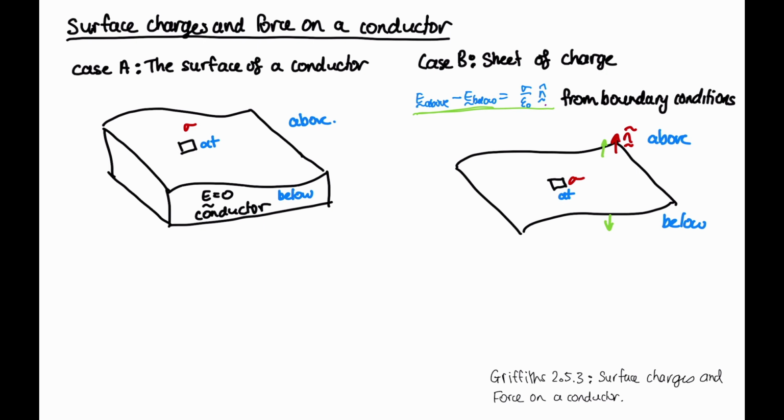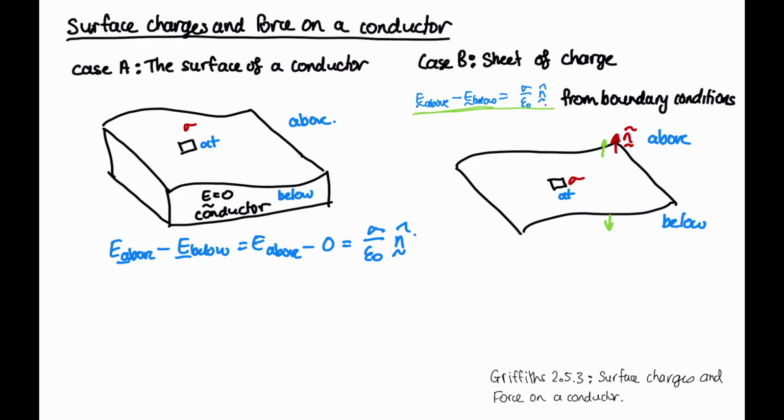So now if we apply this expression to this condition here, below the surface, we've got no electric field because this is a conductor. So substituting into that, we can write E above minus E below is equal to E above minus 0, which is equal to sigma over epsilon naught n.